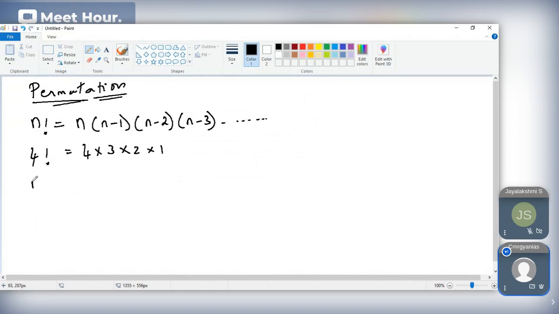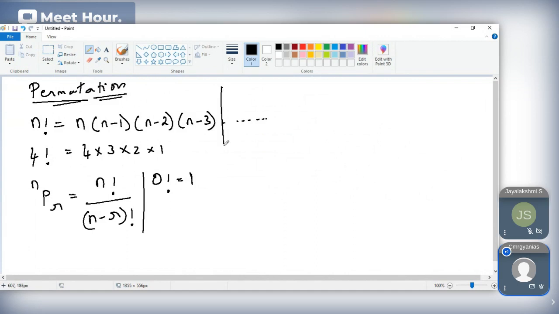Now for this we have a formula. nPr means we have totally n number of items and we are arranging them in r different ways. So the formula is nPr equals n factorial divided by (n minus r) factorial. Always remember, 0 factorial is 1.